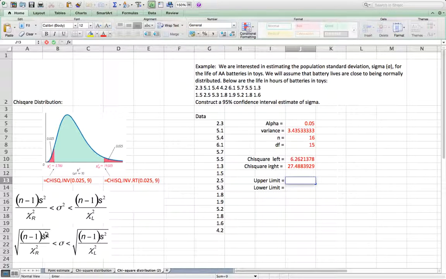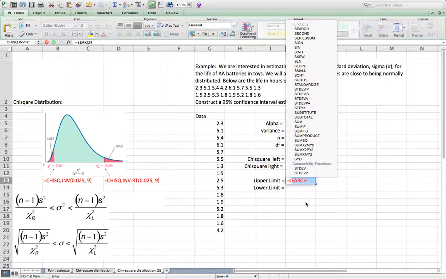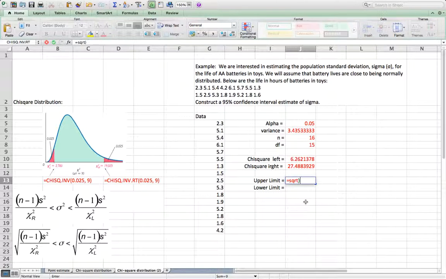So you will use, for the upper limit, the square root of n minus 1, which is the actual degree of freedom cell, then multiply s squared, which is the variance cell, then divide by chi-squared left, which is in its cell.